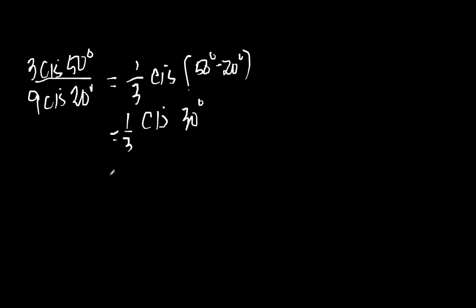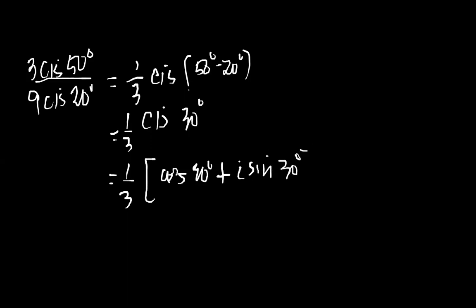Ayan. Tama naman guys, no? So 1/3 cosine 30, or if you can solve it directly, mas maganda, I sine 30 degrees. Ayan. So 1/3. What is cosine 30 degrees? Square root of 3 over 2 plus sine 30, that's 1/2.